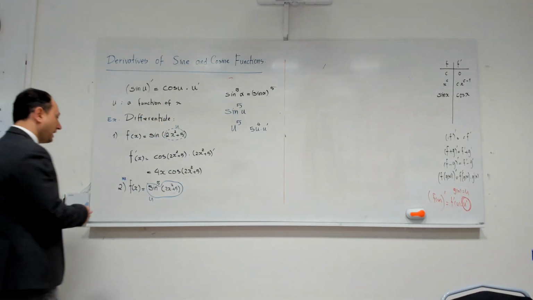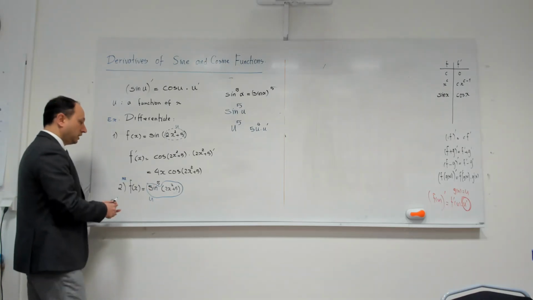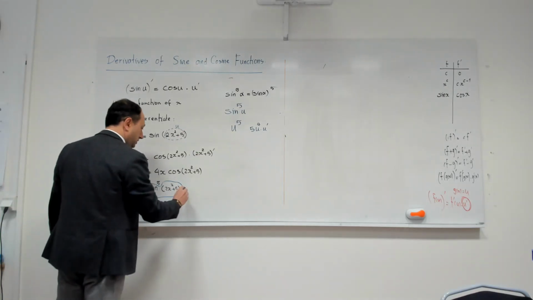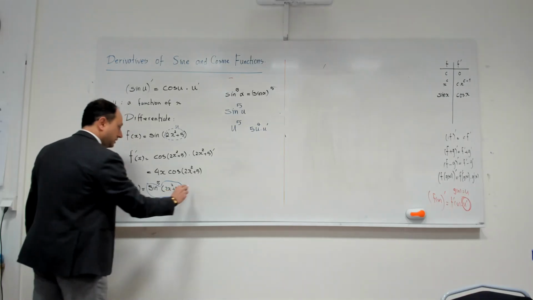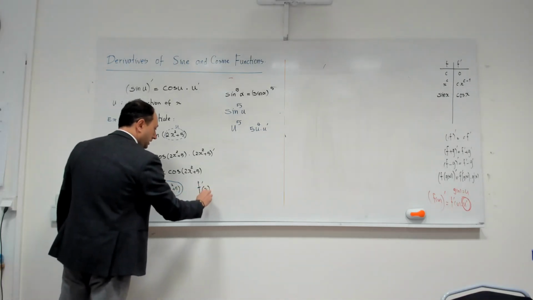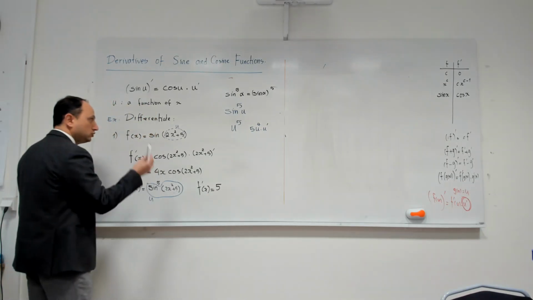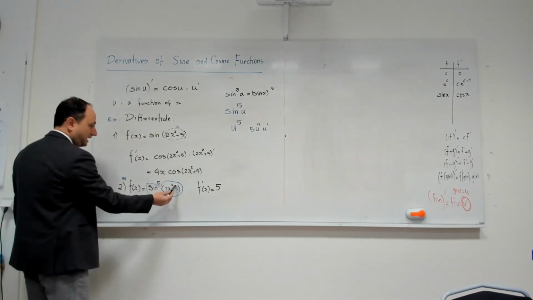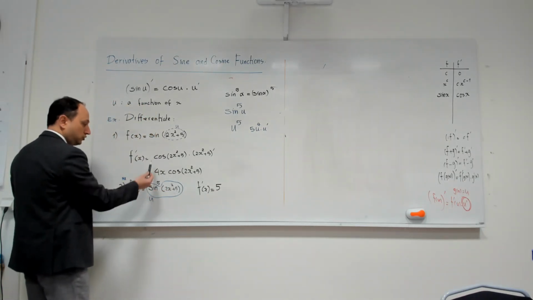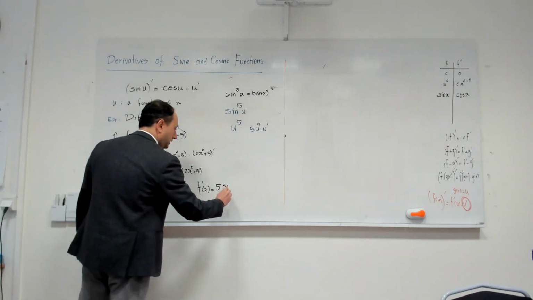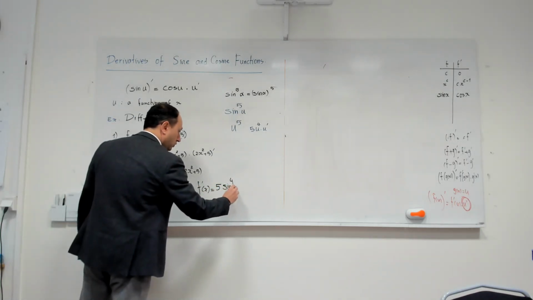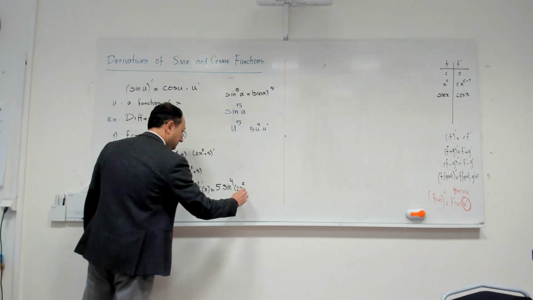So then what will happen here, it becomes u to the power of 5, and then I use this rule. So the first thing that I do is the derivative f prime of x. Okay, help me to write it. I have a factor of 5. I have u to the power of 4, but I am taking this to be u. So u to the power of 4 is nothing except sine to the power of 4 of that expression, yes?